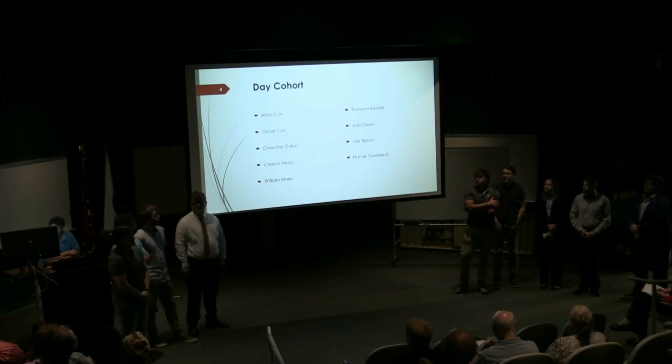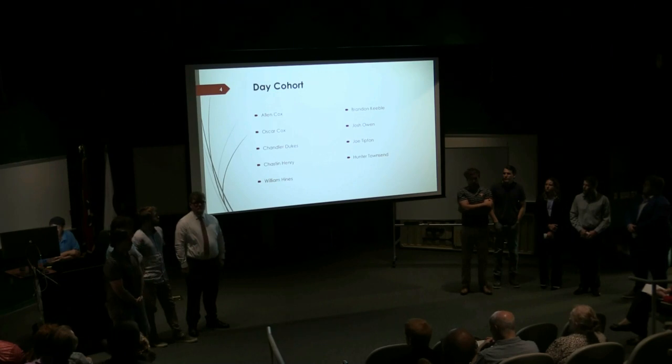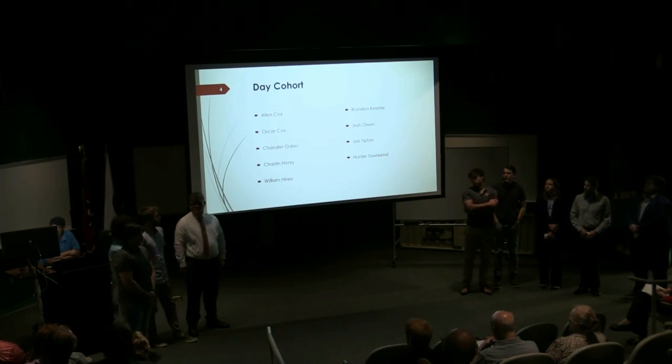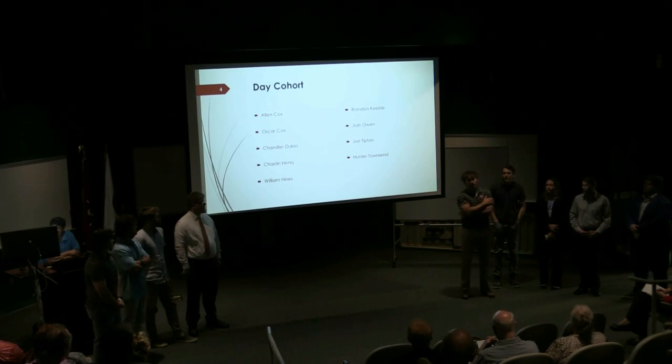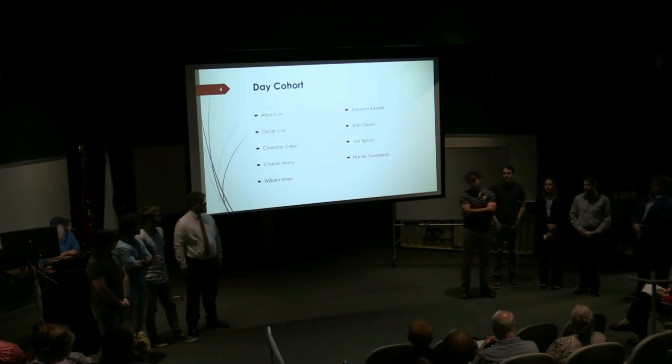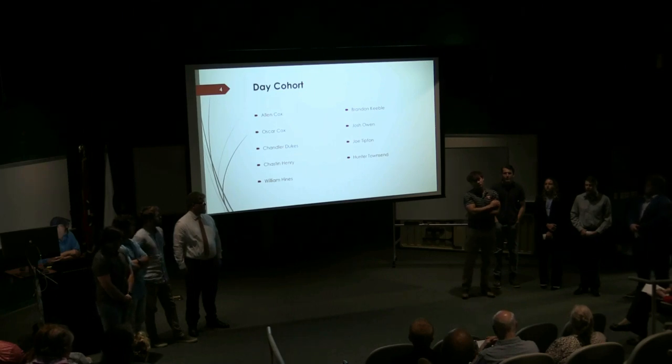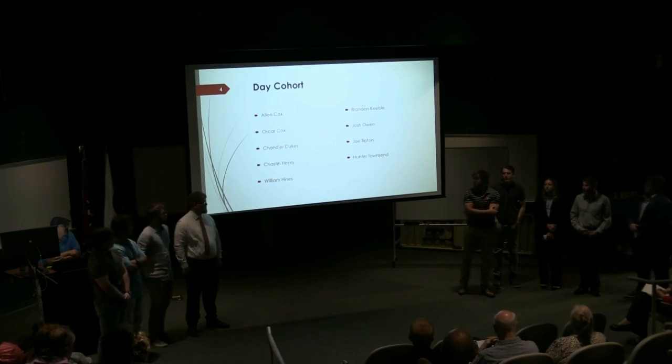My name is Joshua Owen. I like to play golf, watch golf. I really joined this program to have a better plan for my future. I'm Joe Tipton. I like to golf and work out during my off time, and I chose this program to just get a steady job in the future.